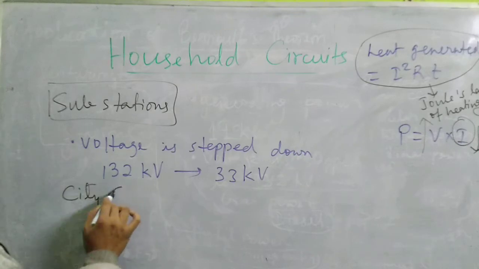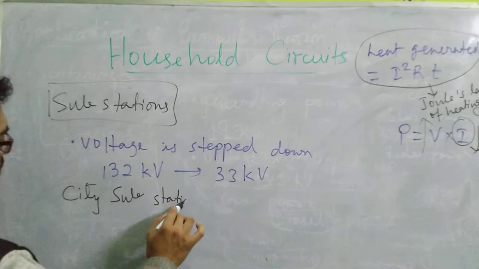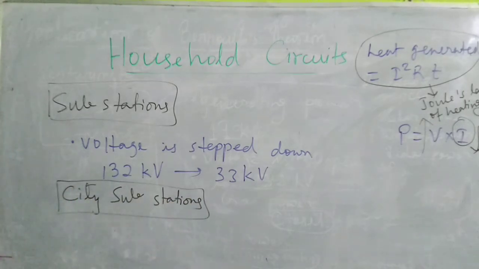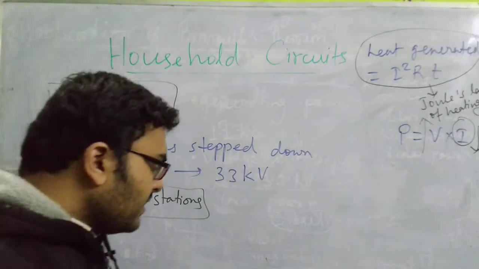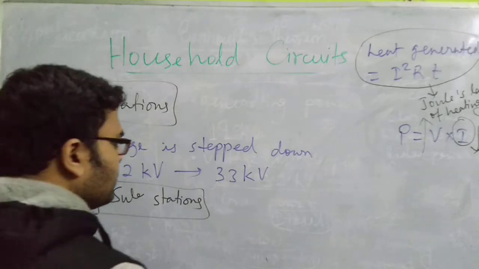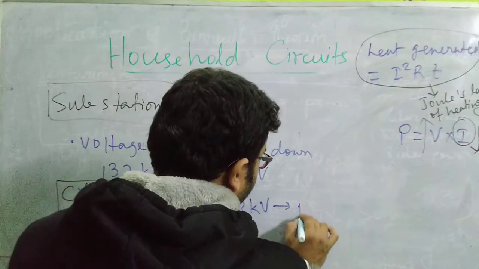Now the city substations are generally located within the town, city, or maybe within the village. Here the voltage is again stepped down from 33 kilovolt to, say, 10 kilovolt.